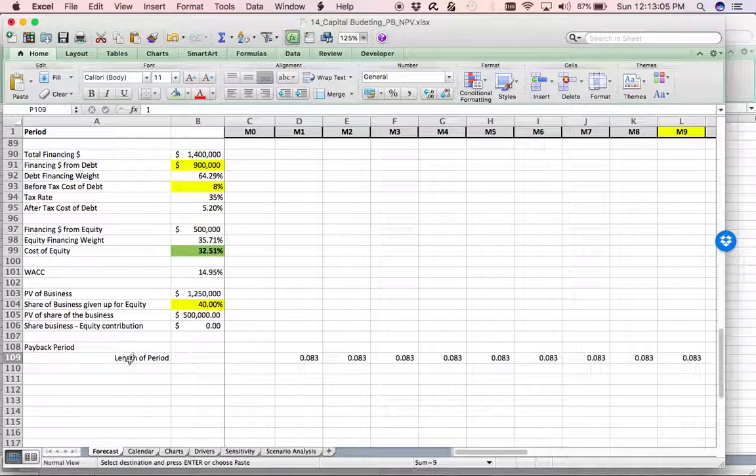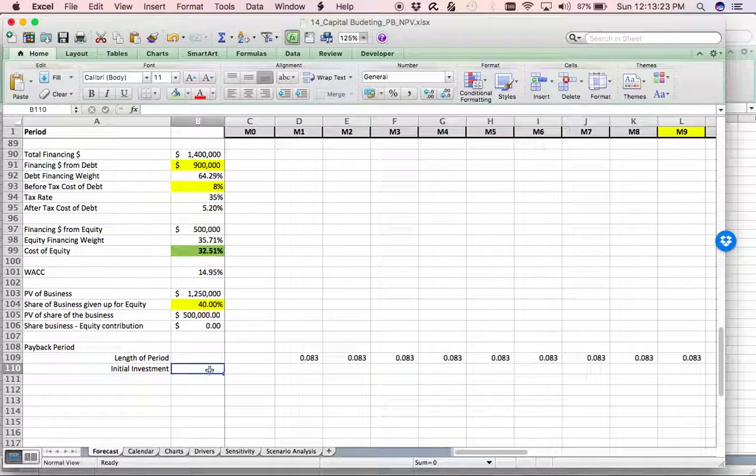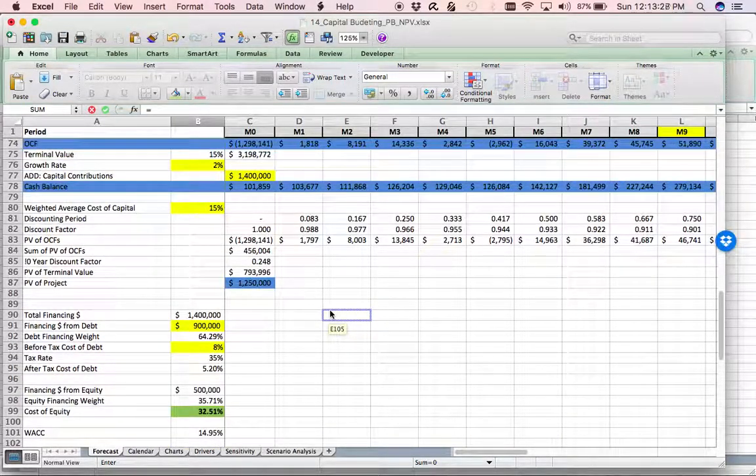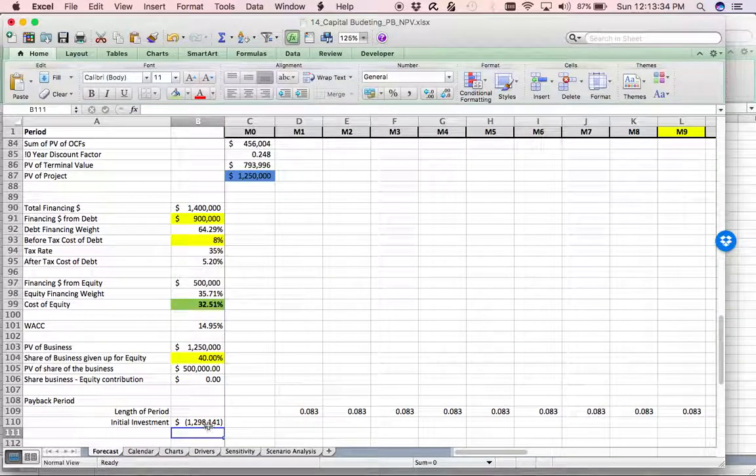Okay, and then we're going to have our initial investment. This is the thing that has to be paid back. And we're just going to go ahead and set that equal to the negative operating cash flows from month 0. There we go. I should have put that over there. I'll drag it over. Okay.